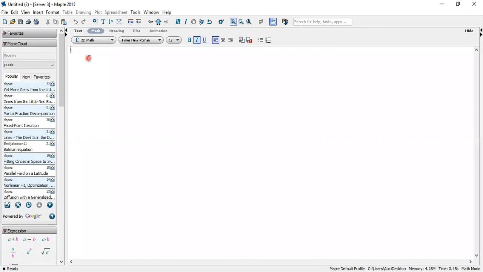It is a mathematical software which can do various engineering, mathematical and statistical calculations. So with the help of this Maple, I do not know what sort of algorithm I am going to show you right now. First of all, let me give you a practical example of some problems on graph theory with the help of this Maple software, and then I am going to make my comment on this.